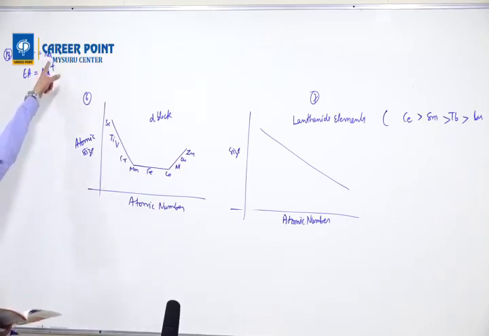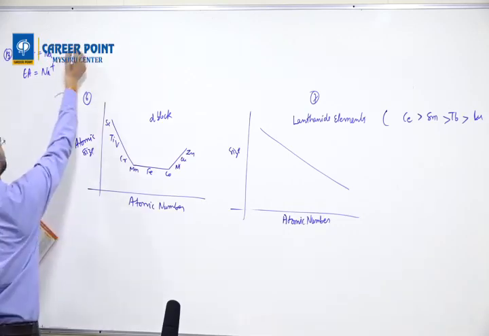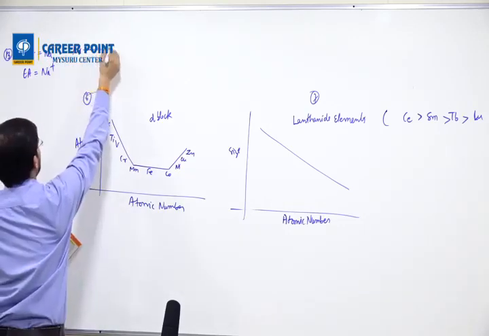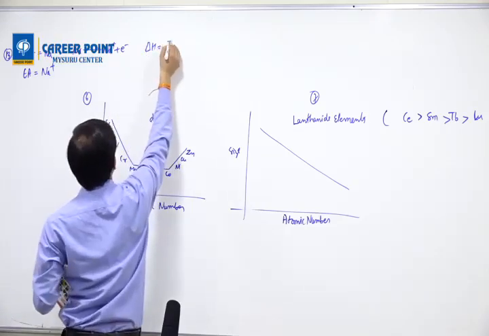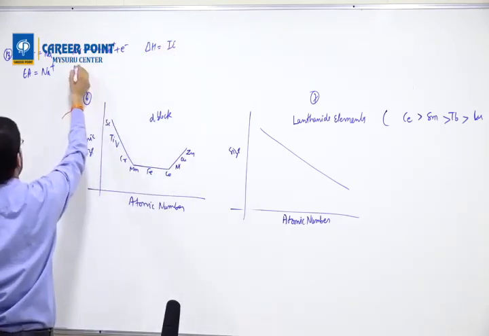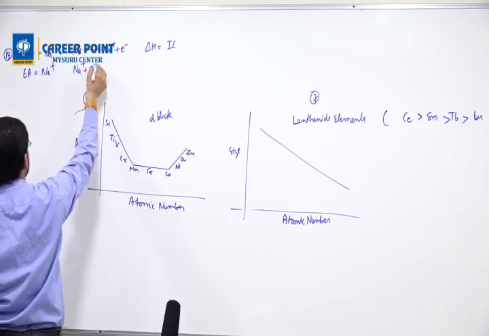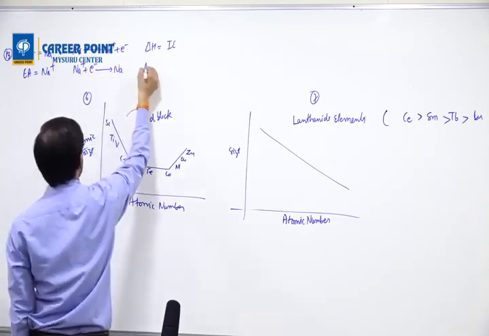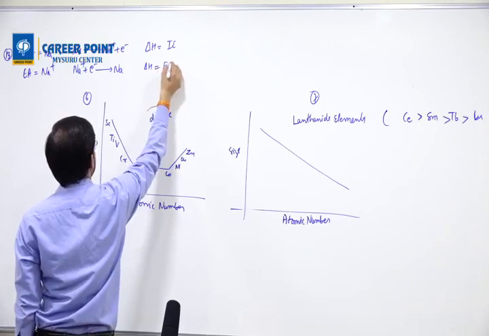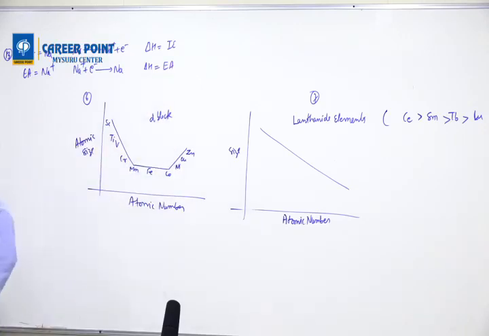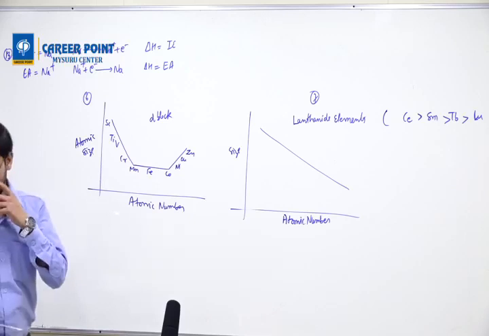You can write the reaction like this: Na gives Na plus and an electron. This delta H is known as IE. If you write the reverse reaction, Na plus and an electron gives Na, this delta H is known as EA. So both are the same in magnitude but reverse in sign.